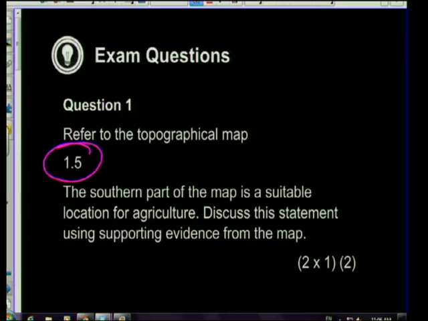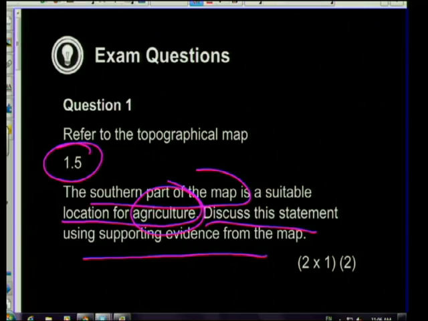1.5. The southern part of the map is a suitable location for agriculture. What is agriculture? Both crop and stock farming. Cultivated areas. You note what I'm saying? Guys, primary activities. Discuss the statement using supporting evidence from the map. So, the question clearly states that you should know that there is a lot of agricultural activity, a lot of farming practices.